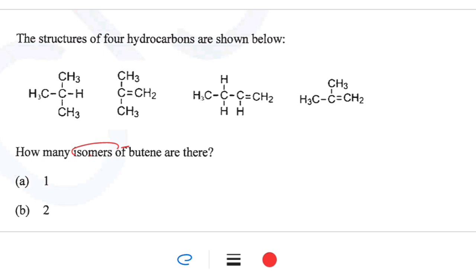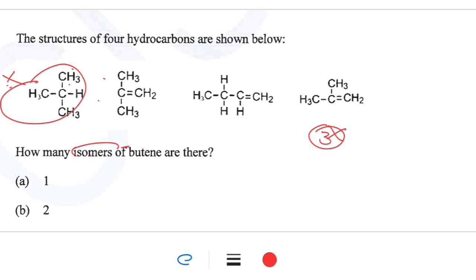Most of the students are going to get confused here and may mark 3. The first one is not an isomer because we can't see any double bond. But in the others there are 4 carbons and a double bond, so butene, yes. So they are going to answer 3, which is not the correct answer.